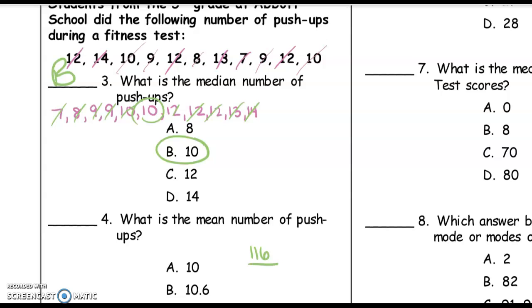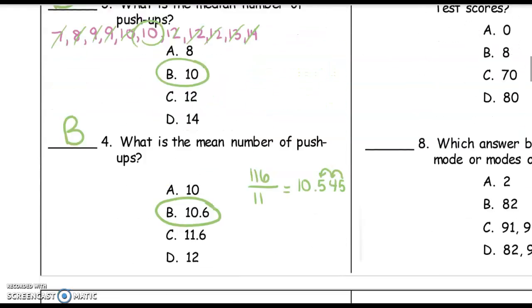And then I'm dividing it by 1, 2, 3, 4, 5, 6, 7, 8, 9, 10, 11. And I end up getting 10.545454. So the 5 here is going to round this up to 10.6. So we should have gotten B as our answer.